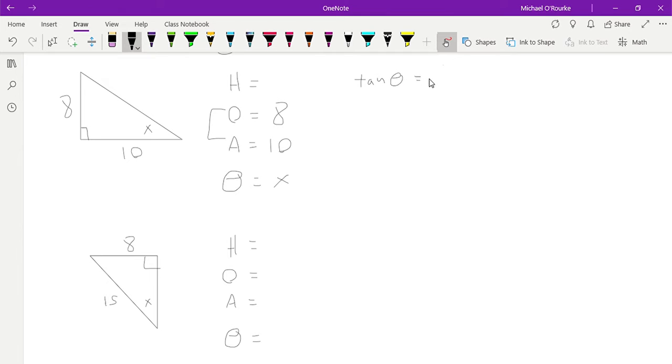Okay. So tan theta is opposite over adjacent. Chilton. We're paying attention here. So now we know this is what we're going to use because it has O and A in it. So let's fill in everything we know. We know tan X equals 8 over 10.